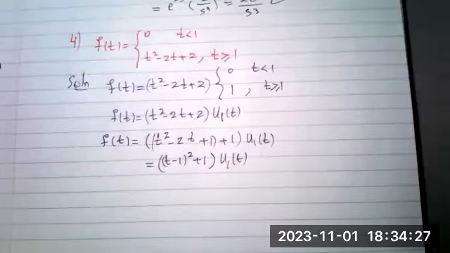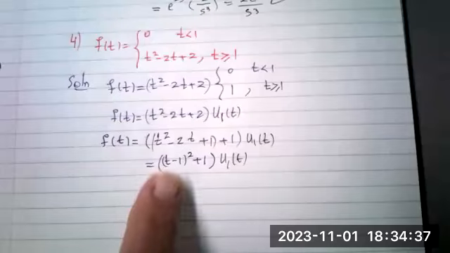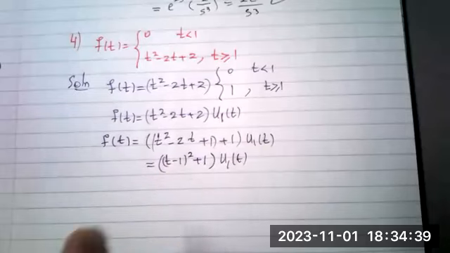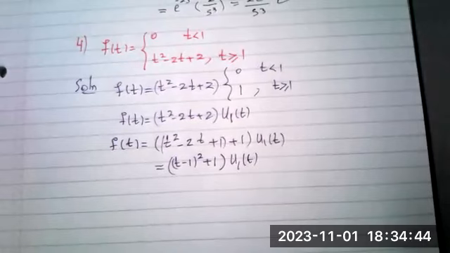So the function would be... t squared? No, where is the 2t? This is t minus 1. You call this one z. So it's z squared plus 1. So your function is t squared plus 1, because you shift it.